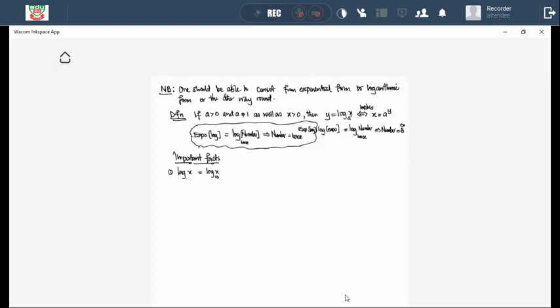Once they say log x, it means all those numbers are actually in base 10. So no base means base 10.